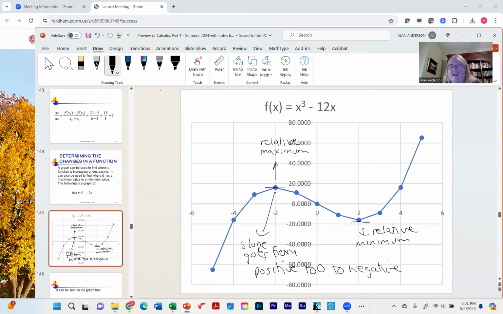Whereas over here, it's just the other way around. As you come from the left, you see how the slope is negative. The slope goes from negative to 0 to positive.